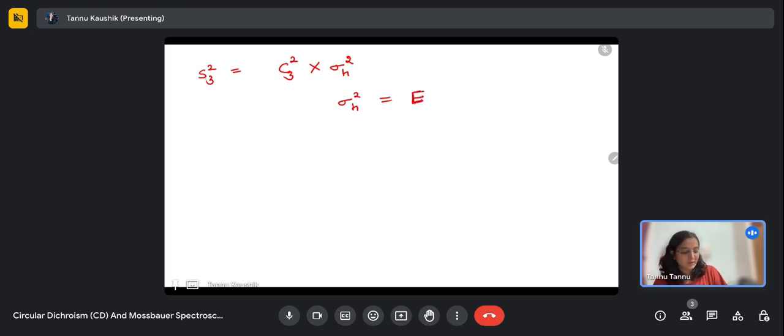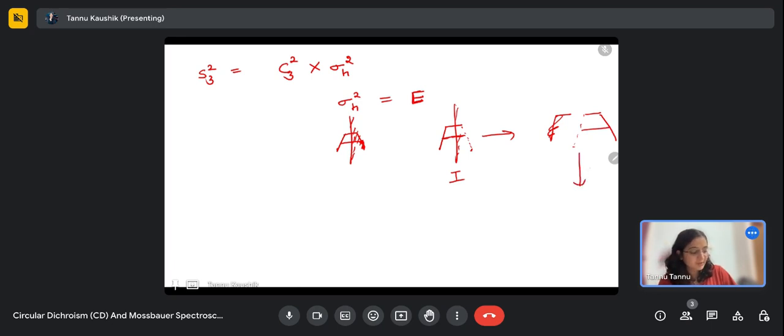For example, you have this A, and let's say this side is dotted, and you are reflecting it. On the first reflection, that is sigma h1, you will get this configuration, right? On the next reflection, you will get the same configuration, right?